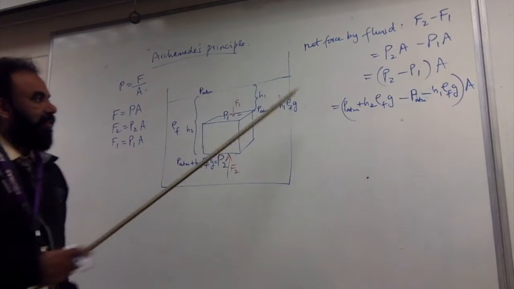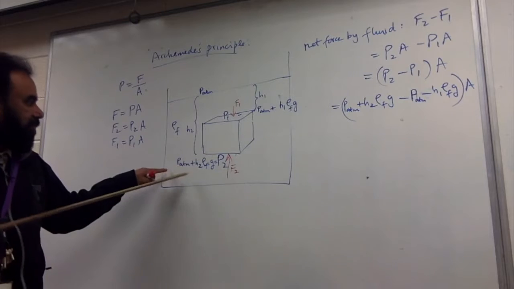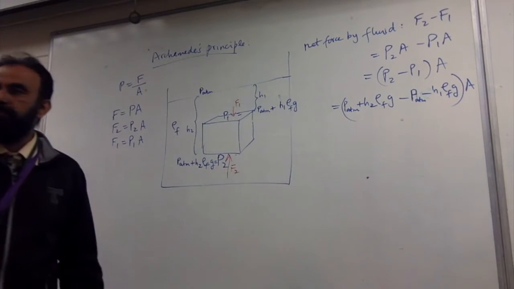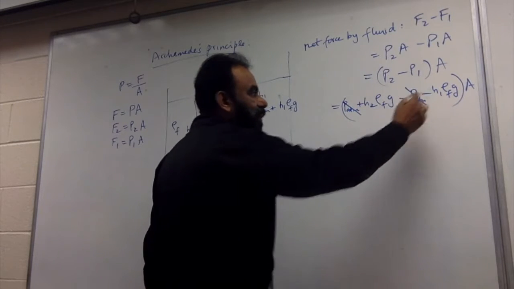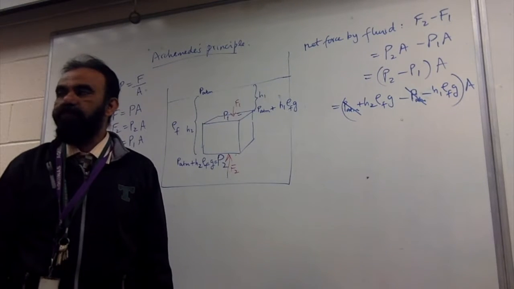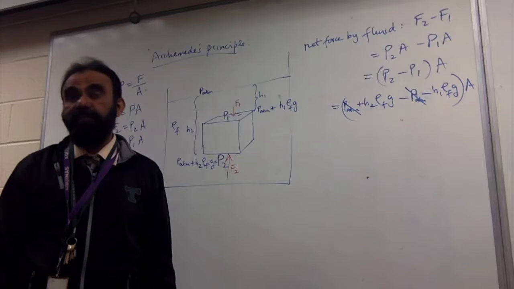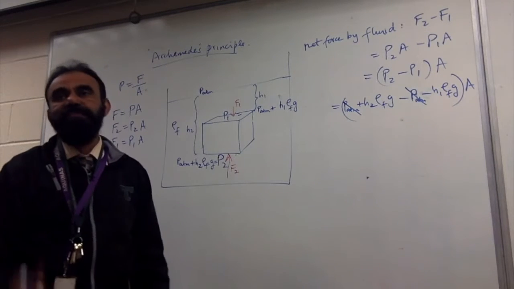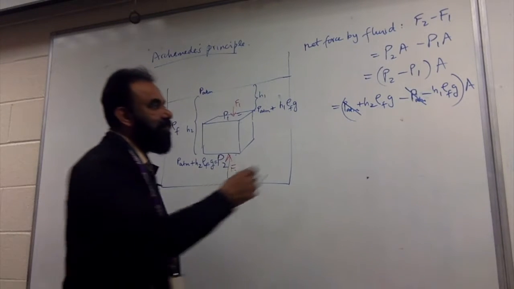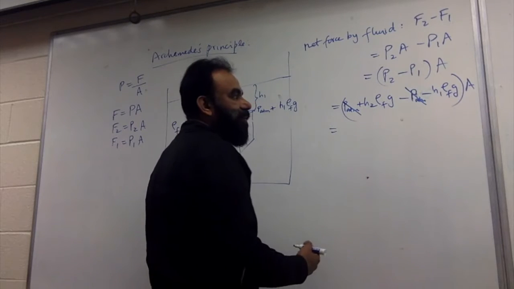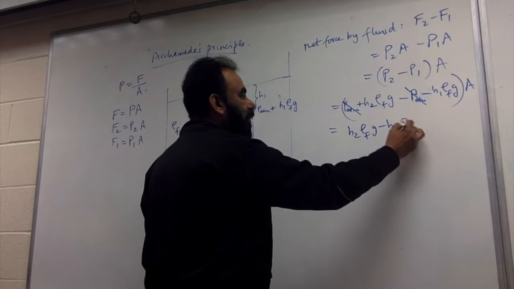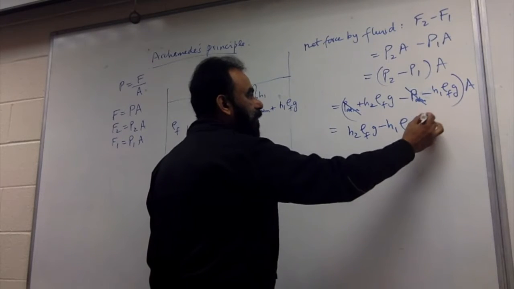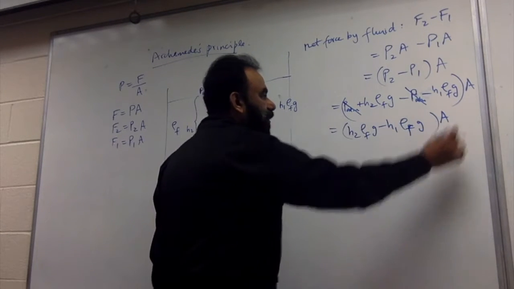I'm just subtracting. You can see that very clearly. Atmospheric pressure is gone. That means the pressure above the fluid does not matter. Now inside we have H2 rho F g minus H1 rho F g, times area. What can you take out common?